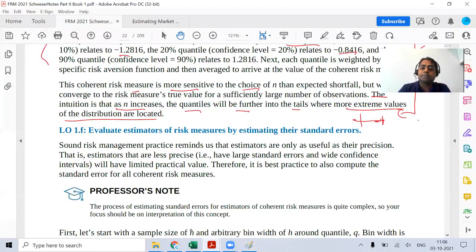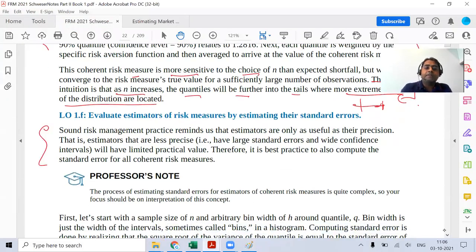Now, if I take you towards the book, why are we finding this confidence interval? Because if I made any mistake in the calculation of VaR, or if my VaR estimator is not reliable, then my standard error will be very high and my confidence interval will be very vast.